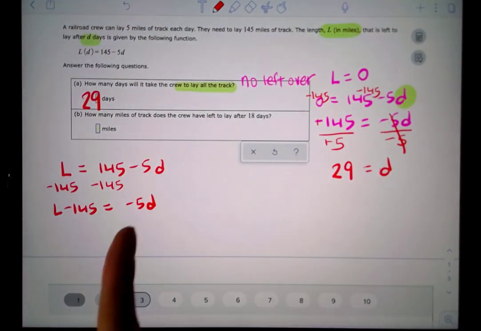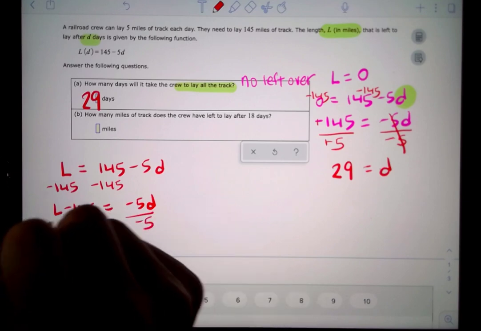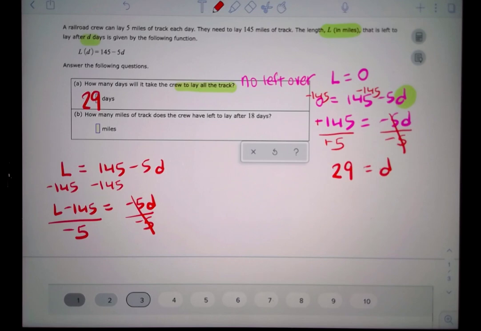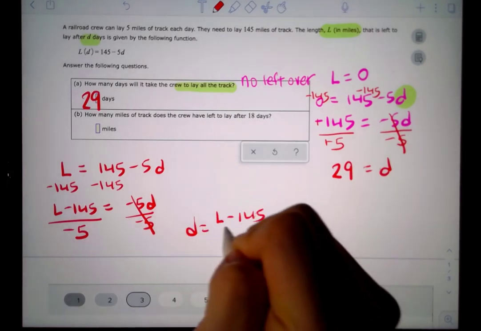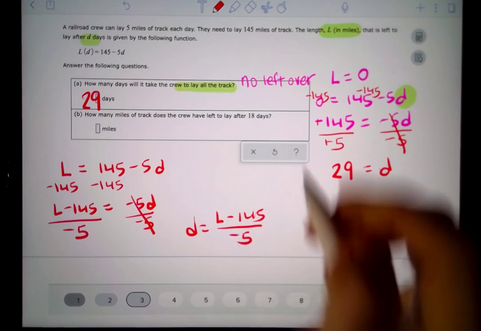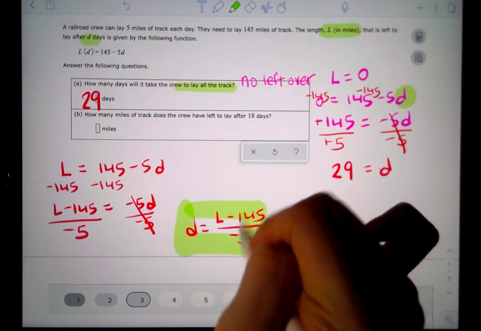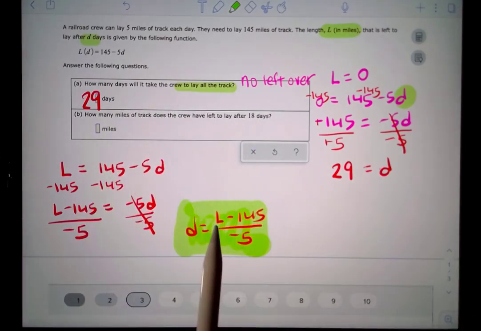And then I want to get D, so you divide by negative 5 on both sides, then you will get the answer. So D equals L minus 145 over negative 5. So this is my inverse function, right? And then once you get your inverse function, you put 0 into L, then you will get the answer, right?